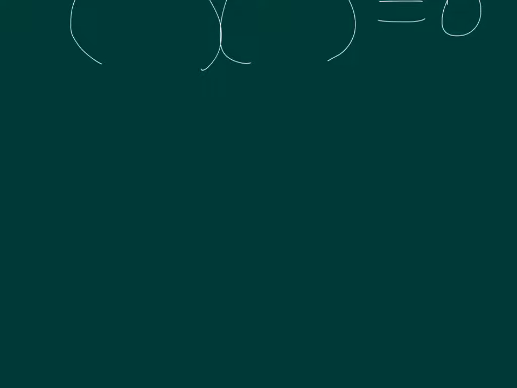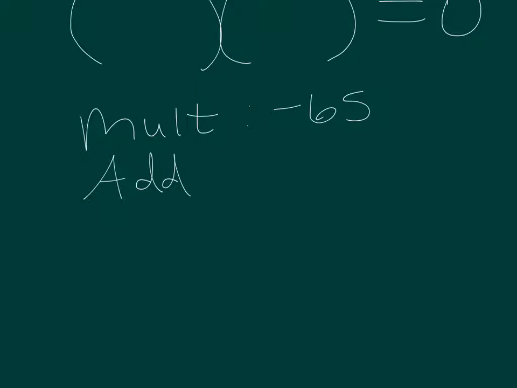So what we want are two numbers that multiply to negative 65 and add to be a negative 8. Okay, so because they multiplied to be a negative number, that means one has to be positive and one has to be negative. Okay, so when you're adding a negative and a positive, you're subtracting.